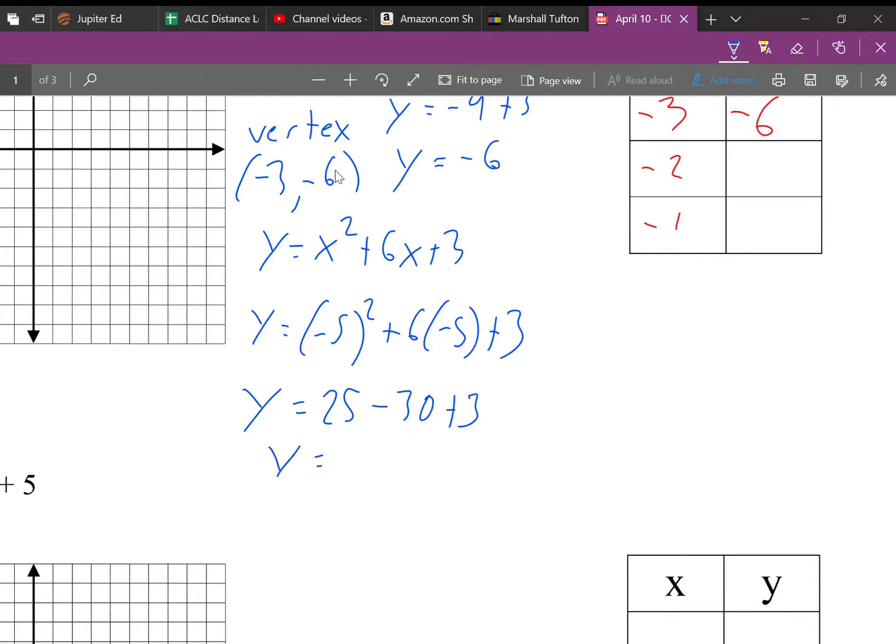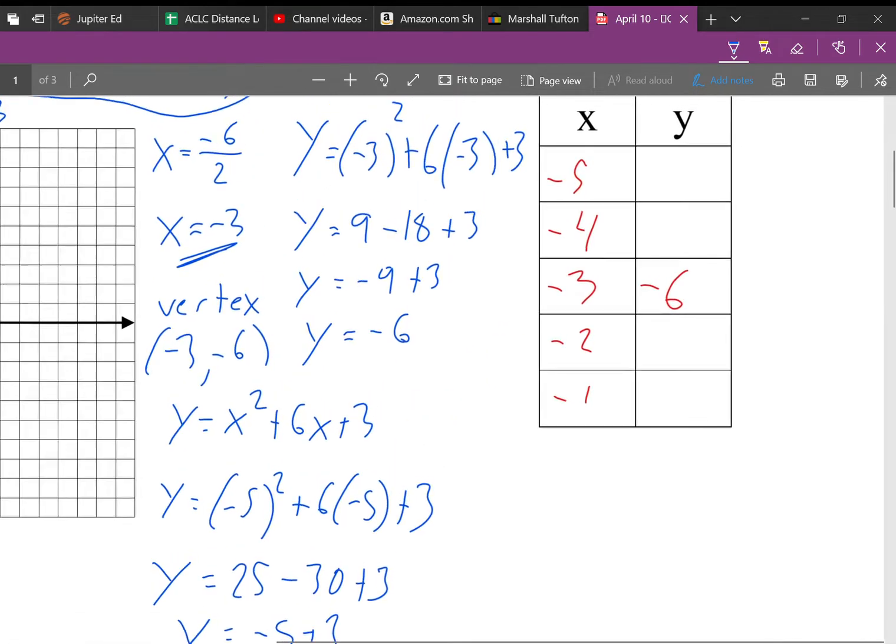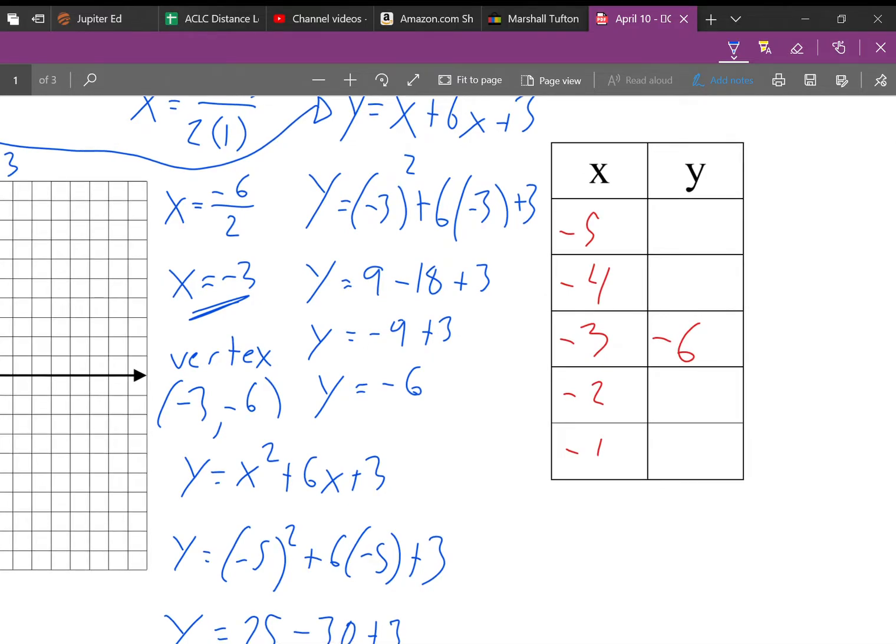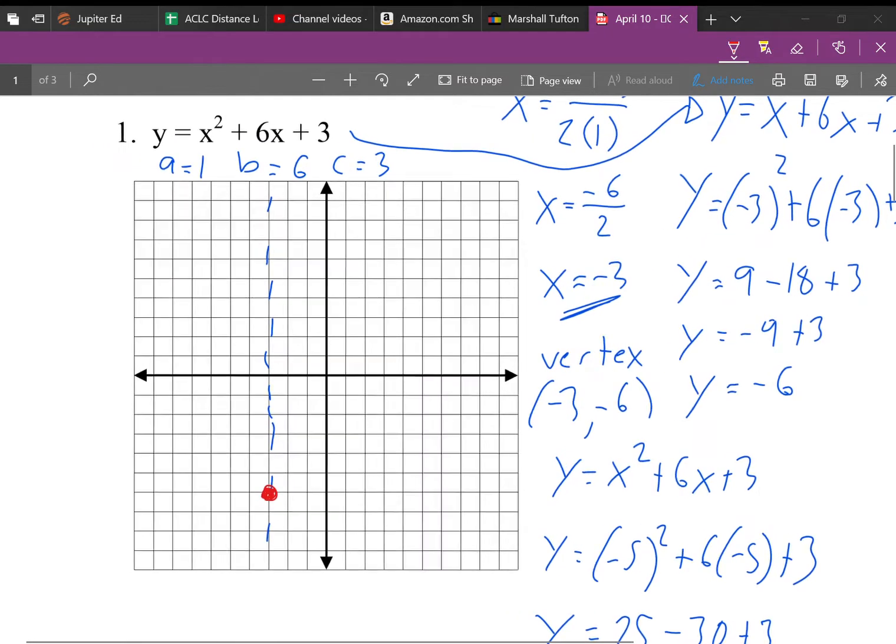This becomes negative 5 plus 3, which is negative 2. And so that becomes my y value for here. Negative 5, negative 2. And I can plot that point right now. So let's go ahead and do that. Negative 5, negative 2 on my graph. From the origin back 1, 2, 3, 4, 5. And then down 2.